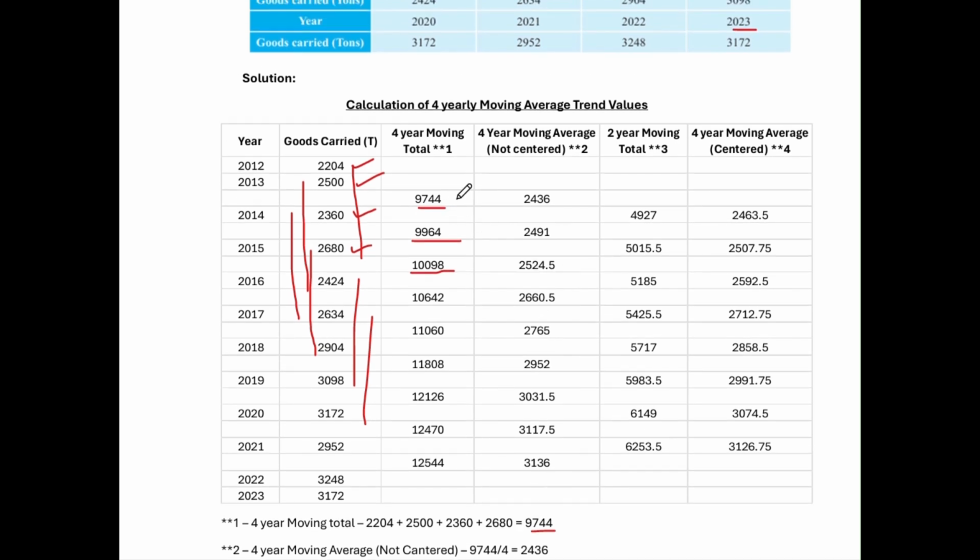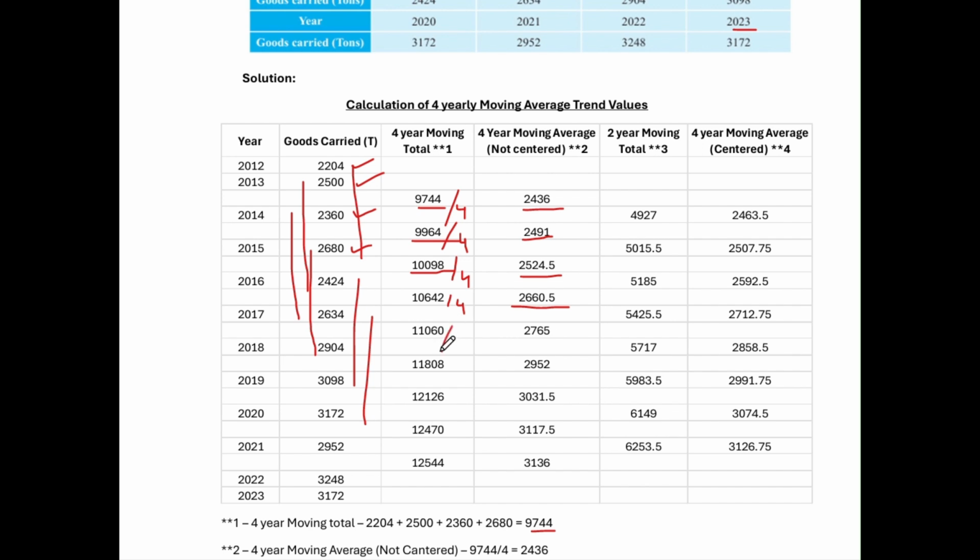So 9744 divided by 4 will be 2436. 9964 divided by 4 is 2491. 10,098 divided by 4 will be 2524.5. 10,642 divided by 4 will be 2660.5.